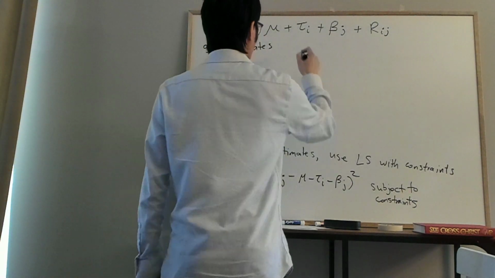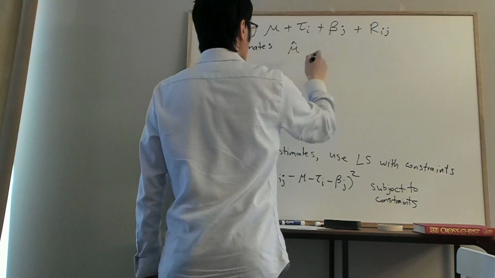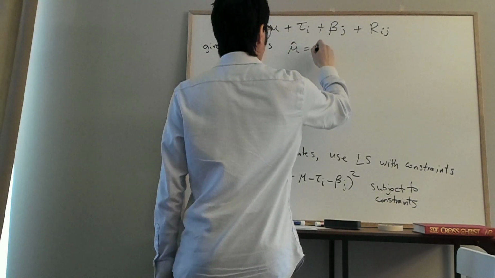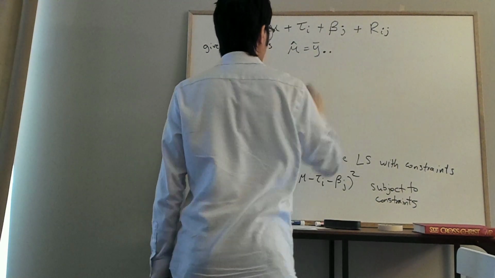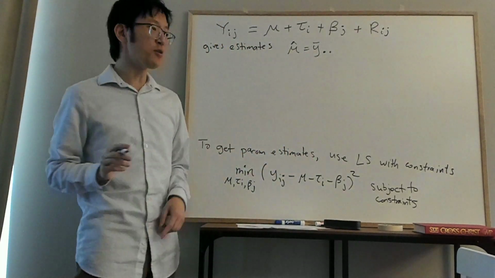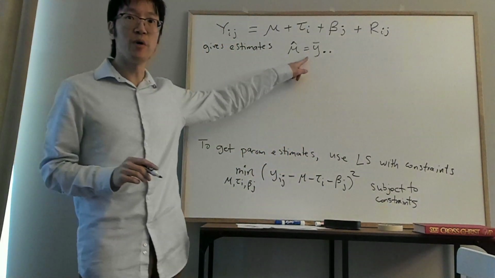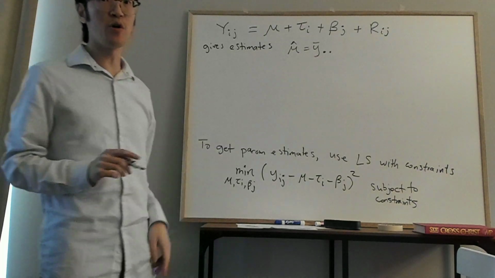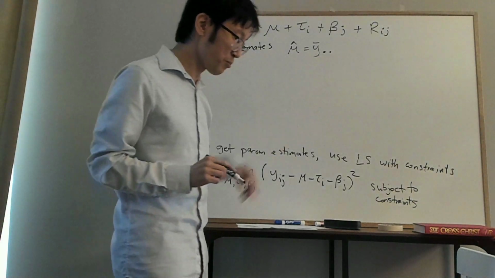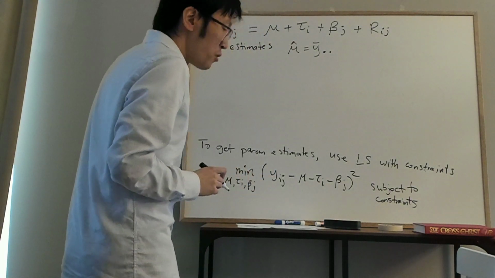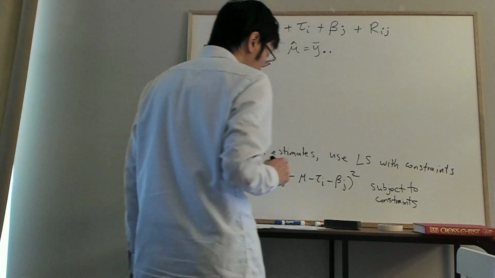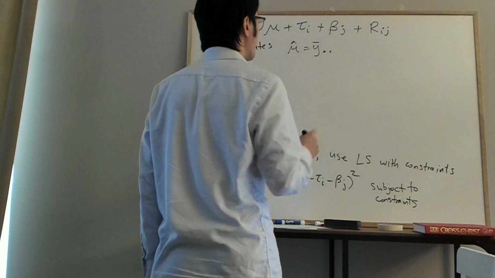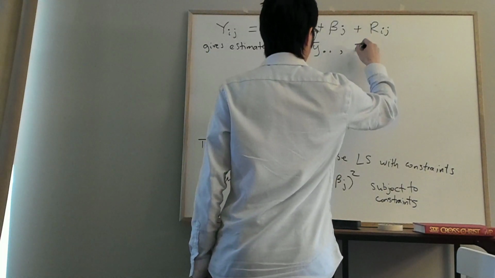So we have mu hat, the estimate of the overall mean. That's estimated by the overall mean in your data, so little small y, because this is calculated based on the data. The average over all blocks and all treatments of your observed data, y bar dot dot. And we also have our treatment effect estimates, tau I hat.